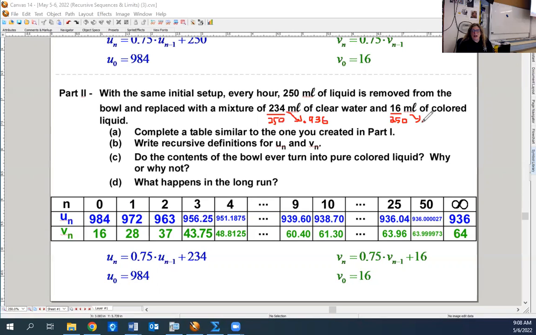So every time I add something back in, 93.6% of what I'm adding back is clear and 6.4% of it is colored liquid. Does that make sense, guys? That's why eventually the limit we're approaching as it gets bigger and bigger is 936 and 64.